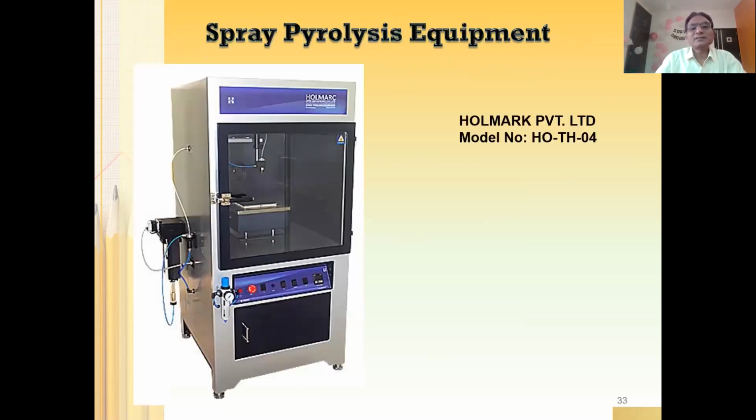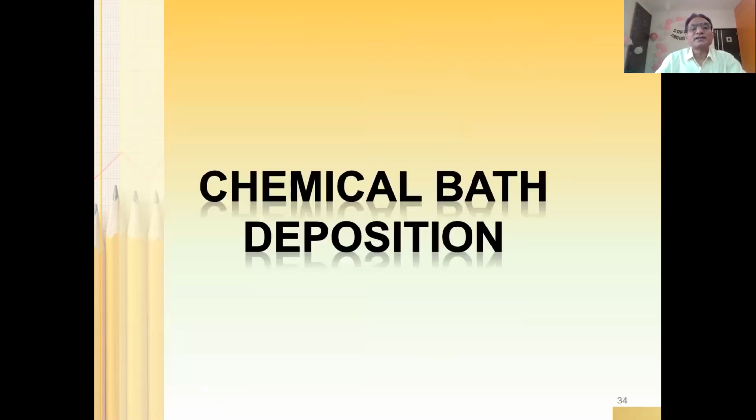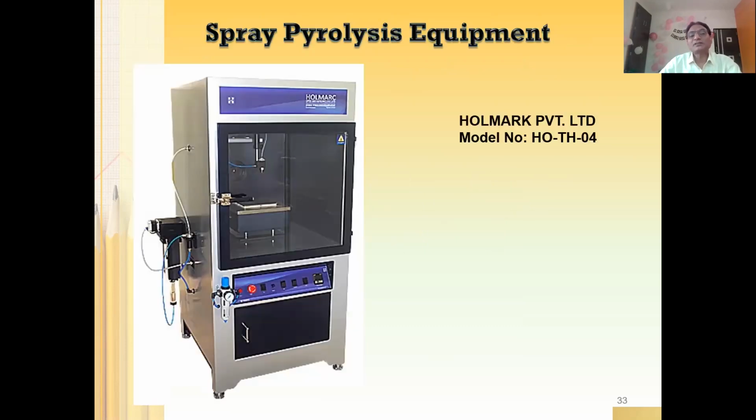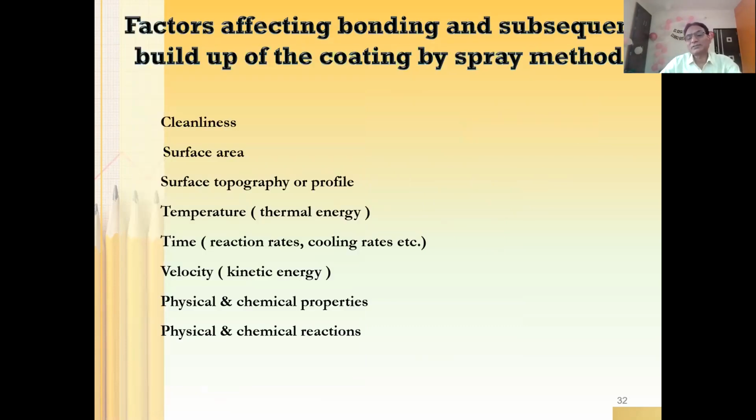And these are some of the examples of spray pyrolysis equipment. Hallmark Private Limited, model number 115TH114. So this was about spray pyrolysis. We have discussed today the leftover of solution methods.